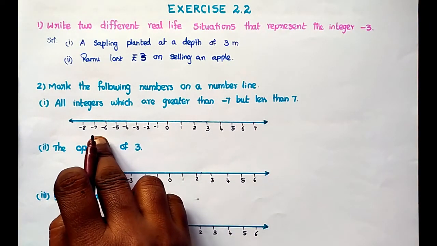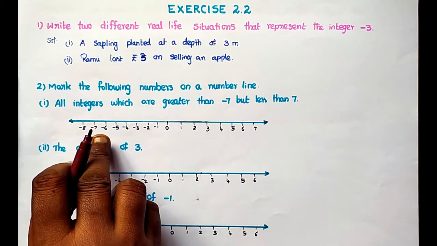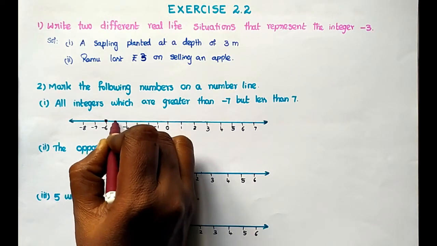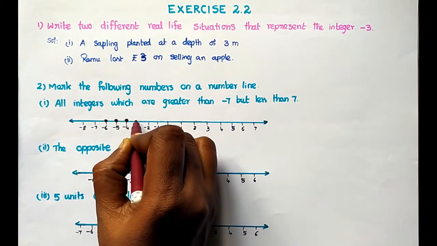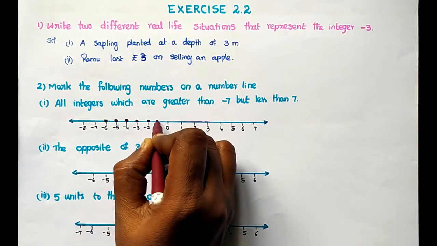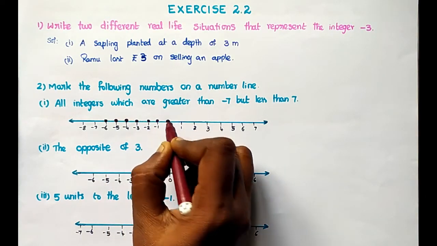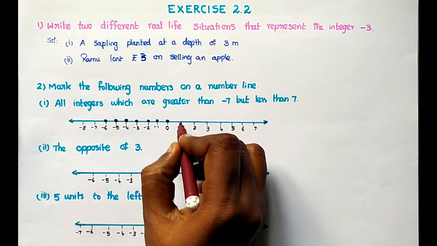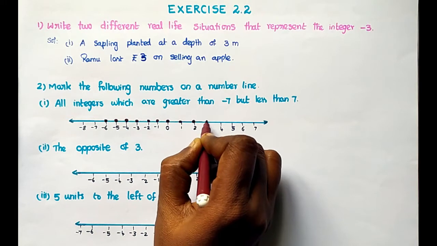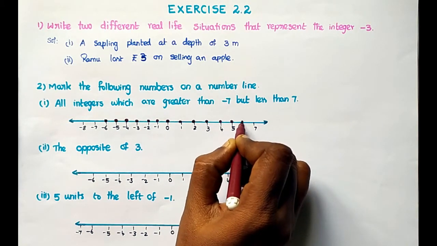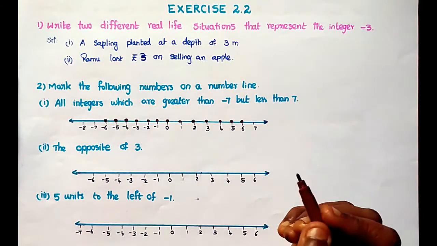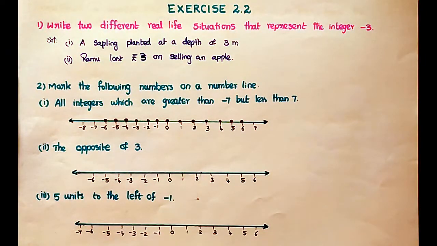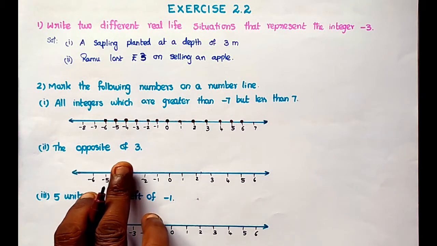So greater than minus 7 means the numbers minus 6, minus 5, minus 4, minus 3, minus 2, minus 1, 0 and less than plus 7. So from here to 6, we want to mark that.